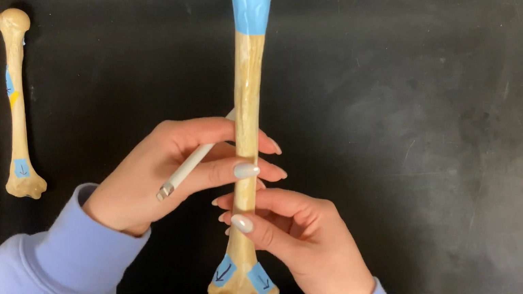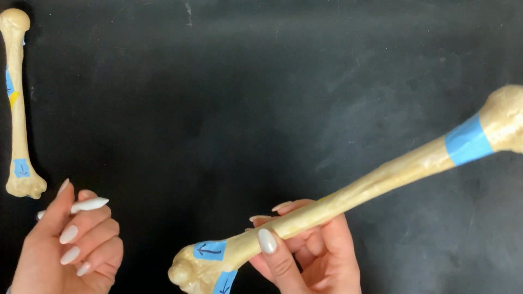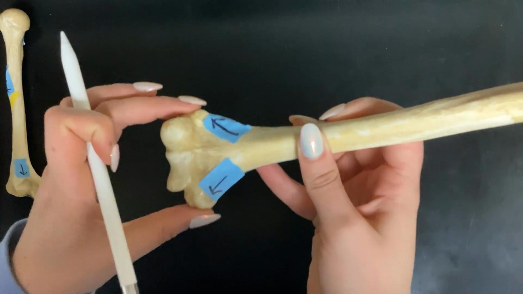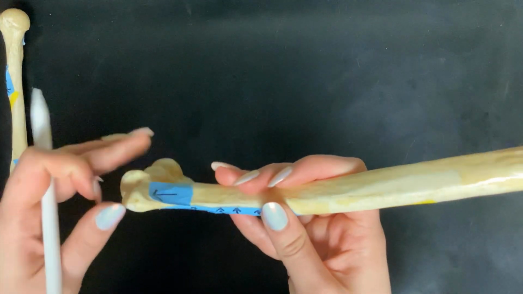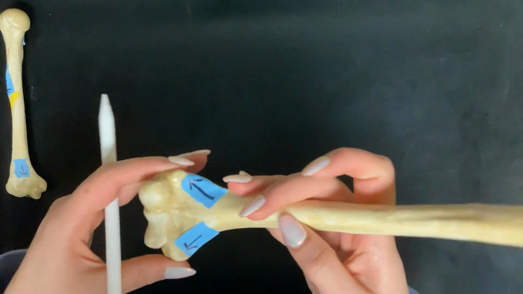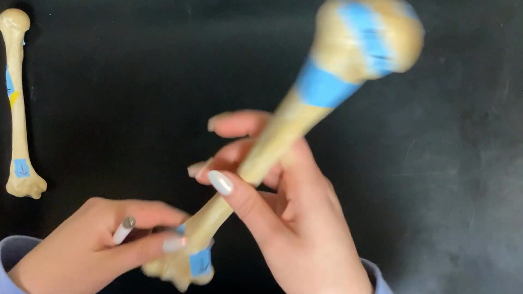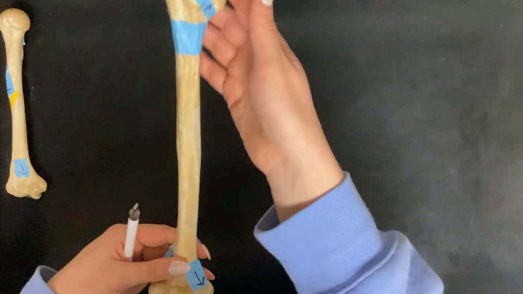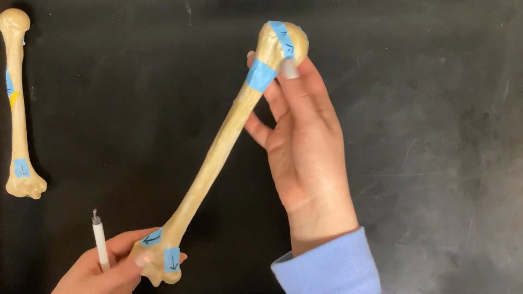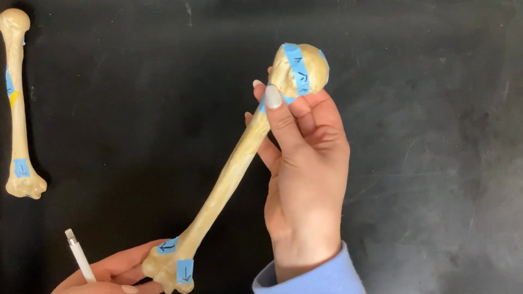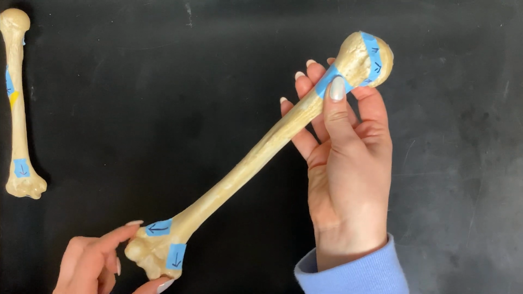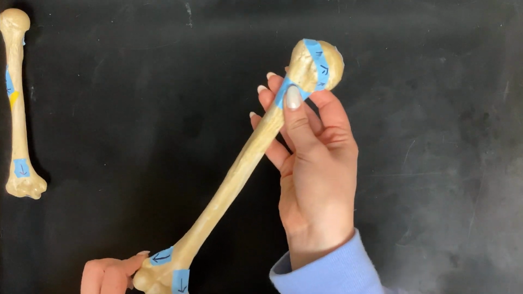And then if we come down lower, we can see these two bumps on the sides of our humerus. And first, as we are orienting ourselves, we have to know which side is medial or lateral, because these are going to be our medial and lateral epicondyles.